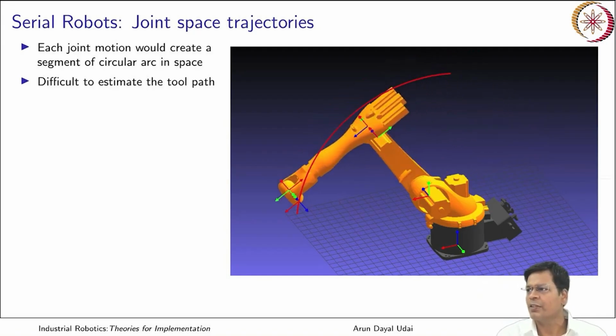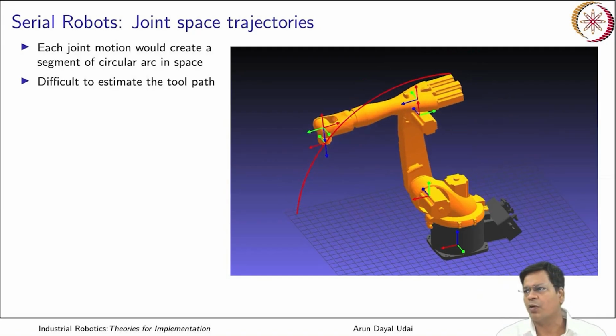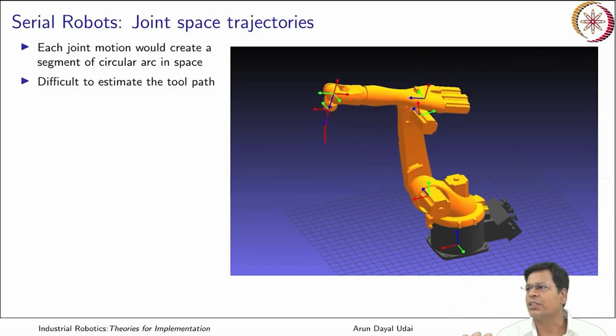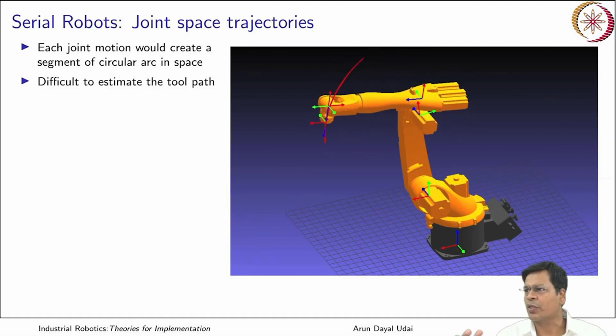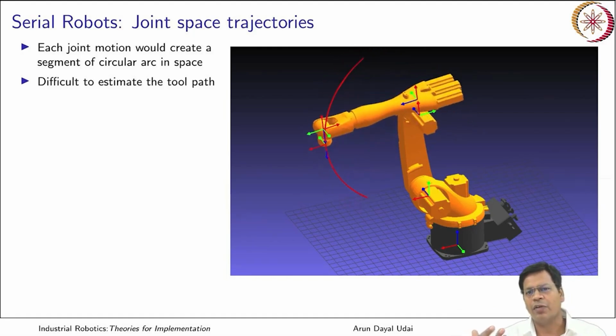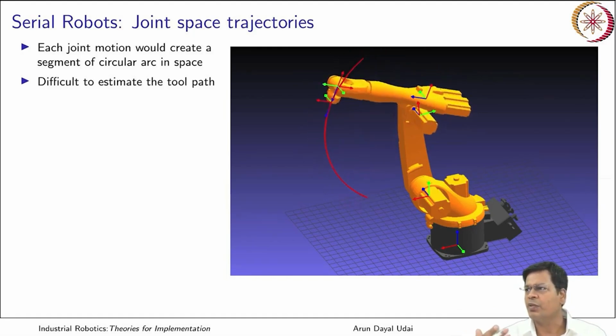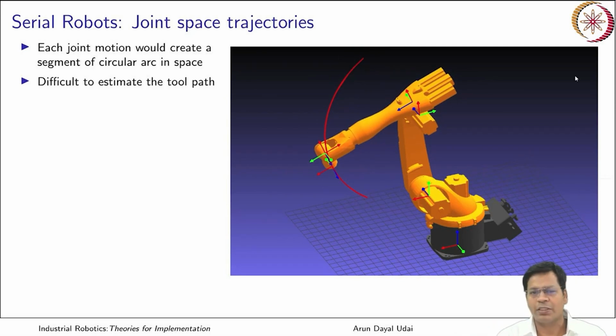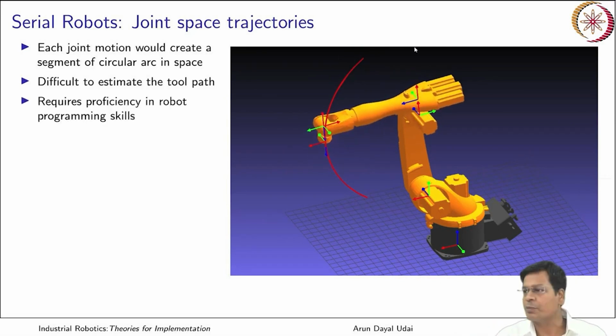But in this case, you cannot predict where this robot will go. You have some estimate that it is going to make some circular trajectory in space, but using this kind of trajectory for programming is not at all advisable, because it is very difficult to estimate the tool path. Yes, very experienced users can do it. It requires proficiency in robot programming skill if at all you want to use it. So you should be very familiar with this robot.